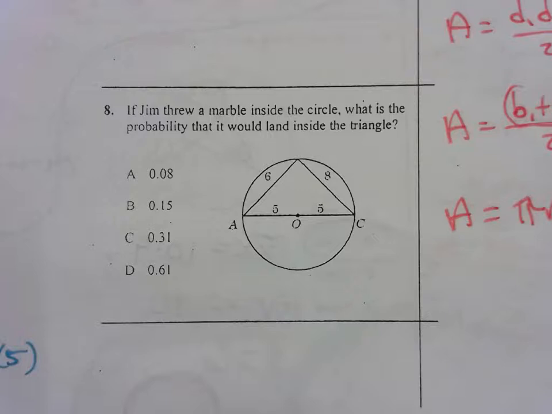Now how many sides does a circle have? None? No, it's an infinite amount. The joke is it has 2 sides, the inside and the outside. But it's true, the circle has an infinite number of sides.